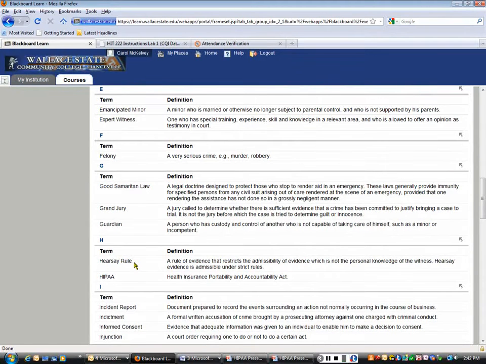Remember when we talked about medical records being admissible as an exception to the hearsay rule, the business record exception to the hearsay rule.